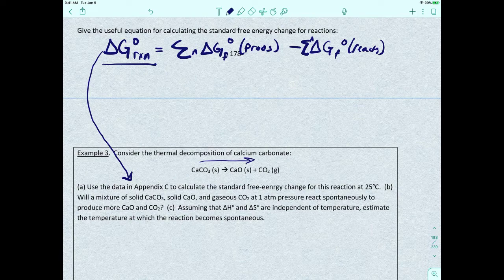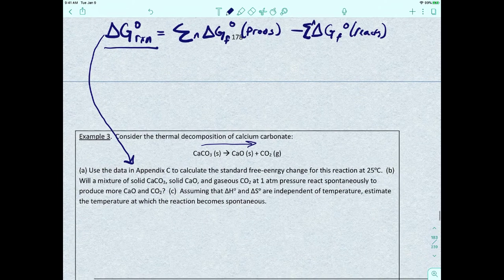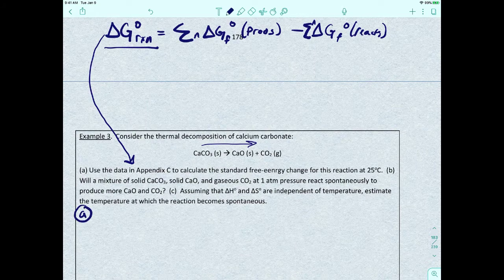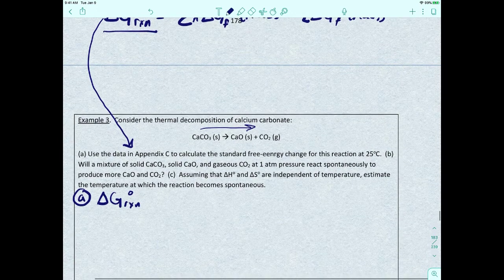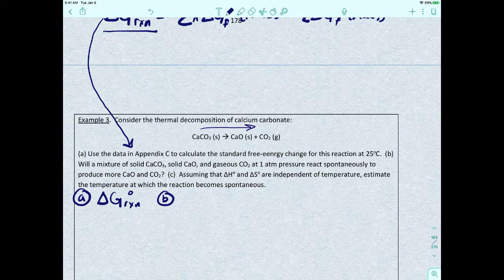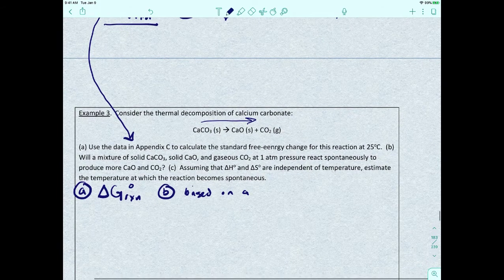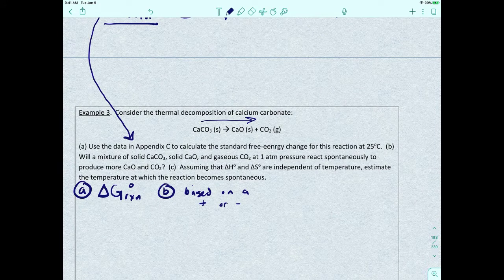All right, we want to know in Part A, so let's make some notes here. We want to know delta G. We want to know the Gibbs free energy of the reaction based on all the delta GFs of the reaction. Part B, we interpret the delta G value. So based on Part A, is it plus or minus?